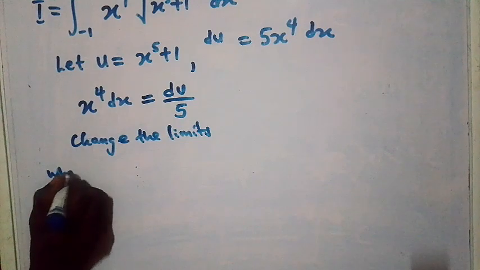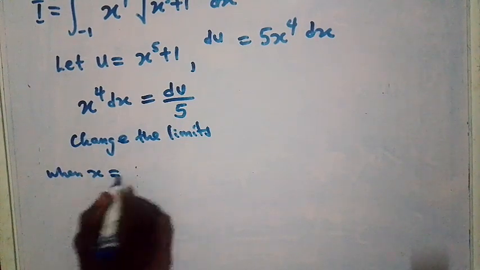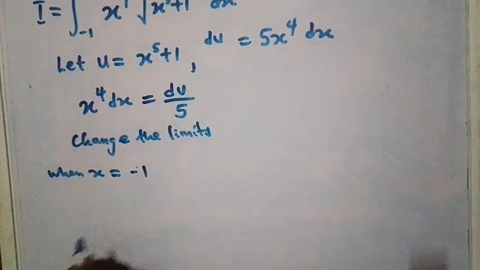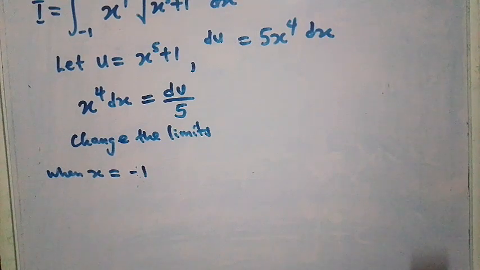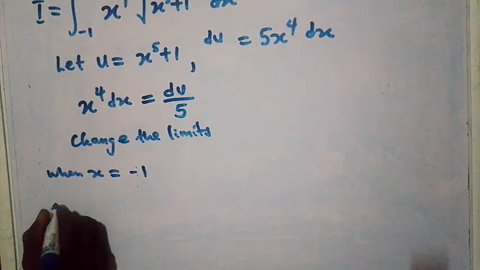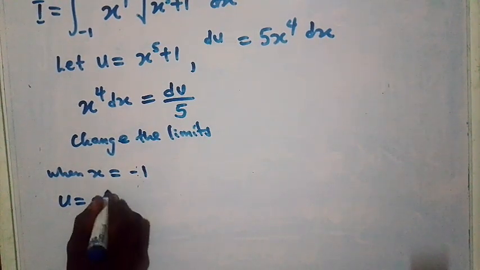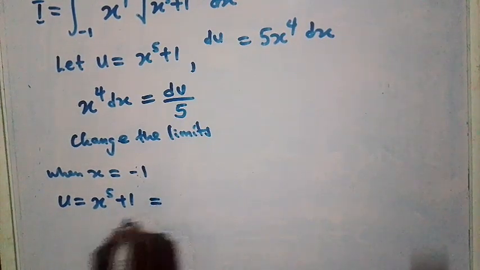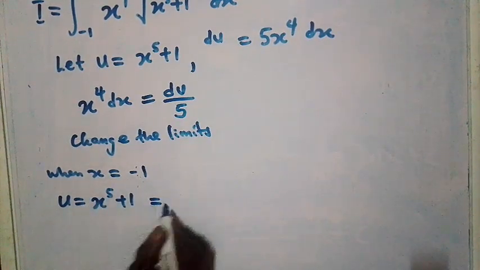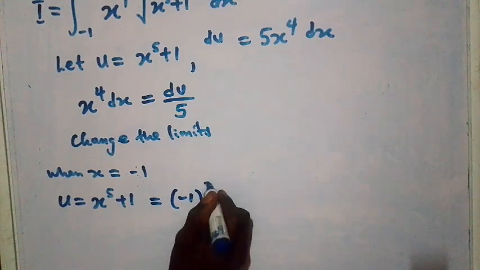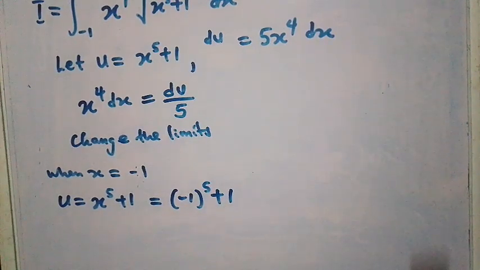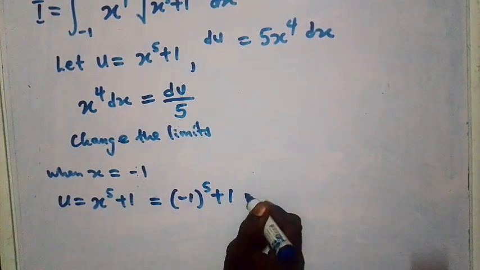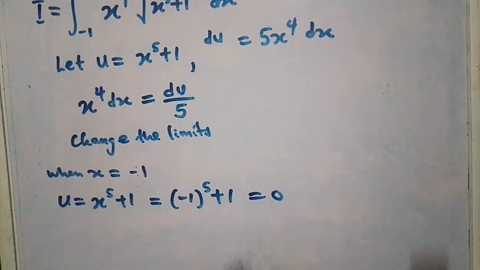When x equals -1 at the lower limit, from u equals x raised to the power 5 plus 1, this will be equal to, we said x is -1, -1 raised to the power 5 plus 1. This will result to -1 plus 1, and the answer will be equal to 0. That is, the new lower limit will be 0.